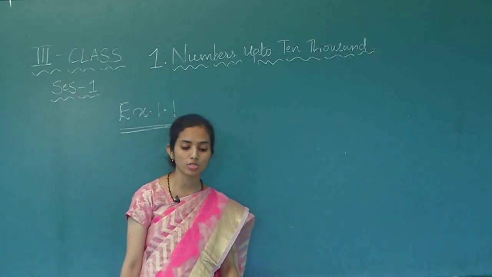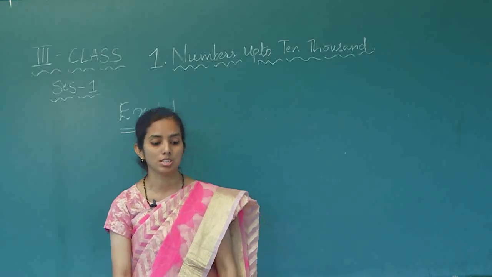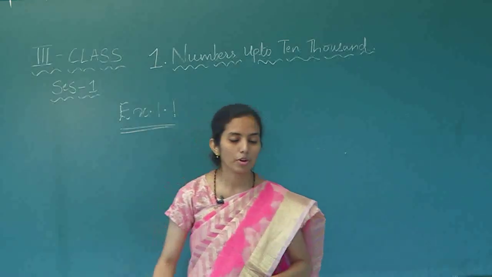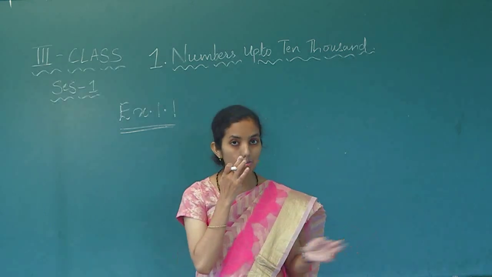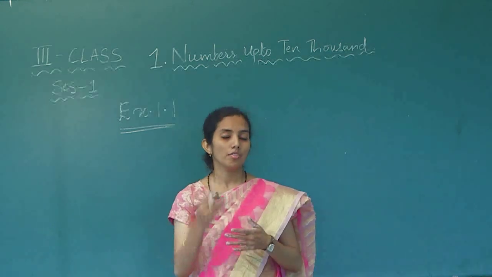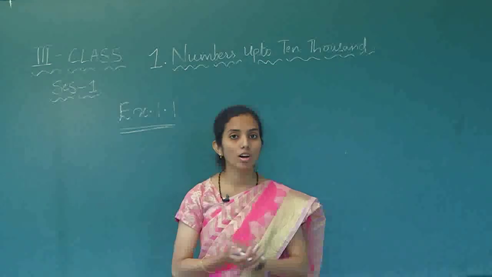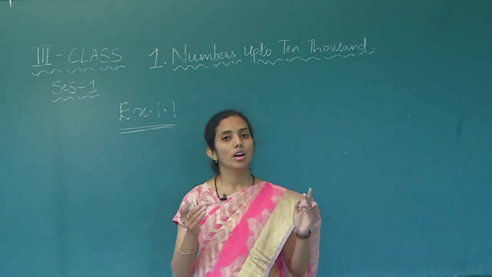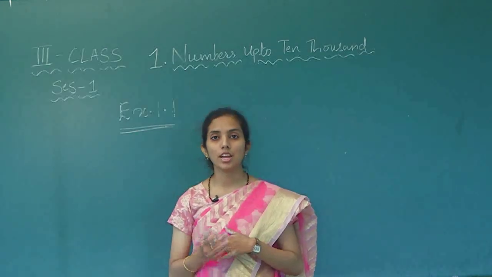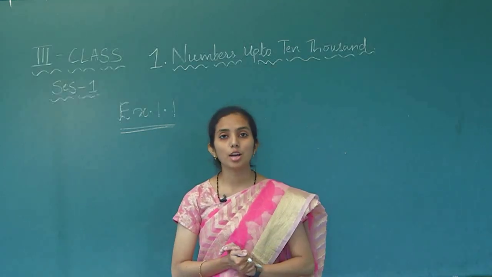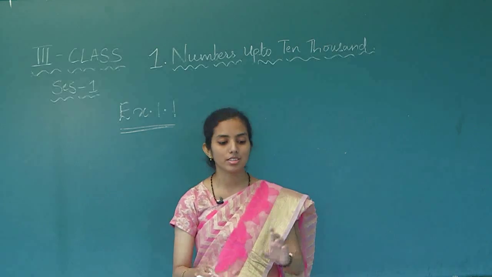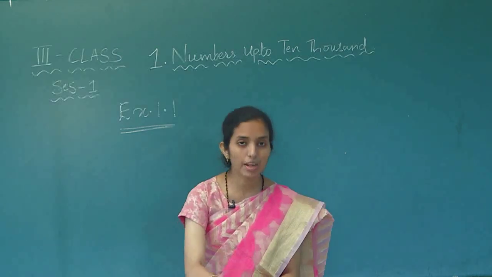Knowing the place values is a very important concept in mathematics, because in your higher classes you are going to learn numbers more than 10,000. When you learn about lakhs, crores, 10 lakhs numbers, then place values give you clarity about the numbers. So, always remember place values.